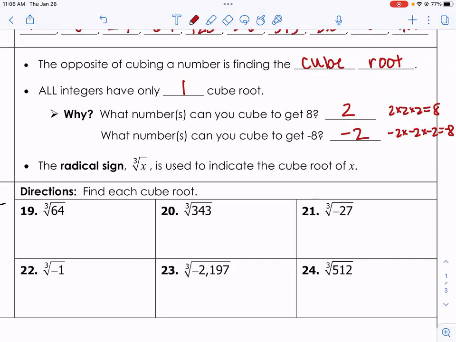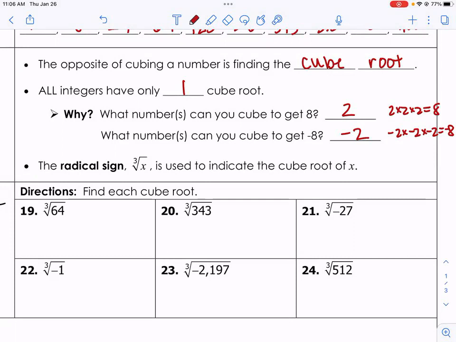What? I thought you said there was only one. Yeah, there's no other way to get 8 out of 3 of the same number than 2 times 2 times 2. If we do negative 2, we get negative 8, because negative 2 times negative 2 is positive, and times another negative is negative.